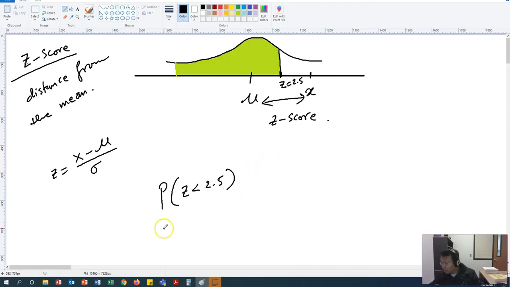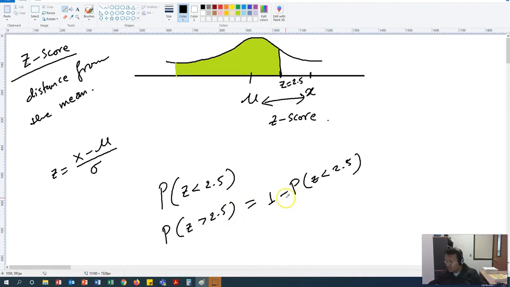And what is the probability that your z-score would be greater than 2.5? This is actually 1 minus the probability of z less than 2.5, since they are complements of each other. If you look at this situation, the probability of this orange region is this, and the green area's probability is this one.